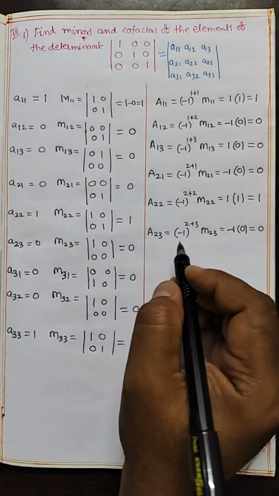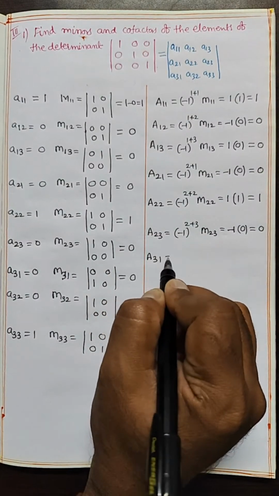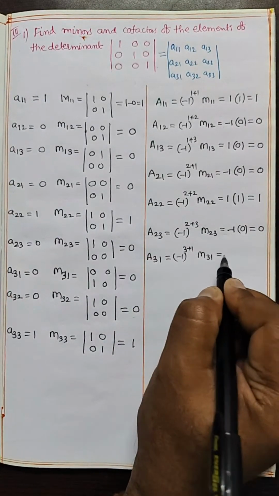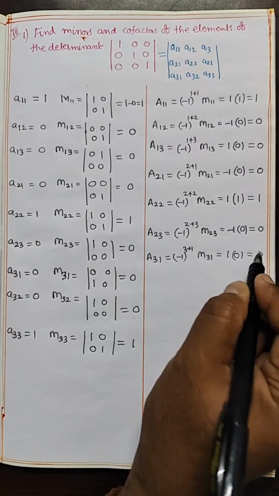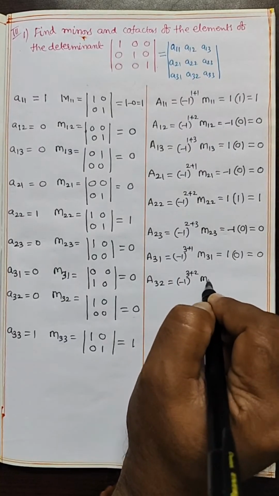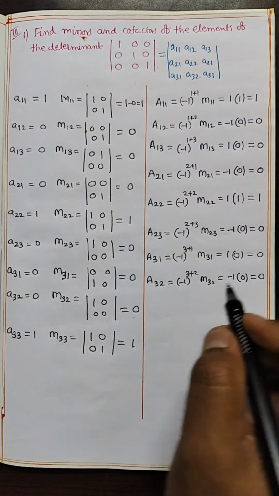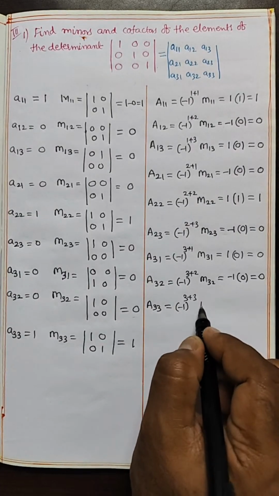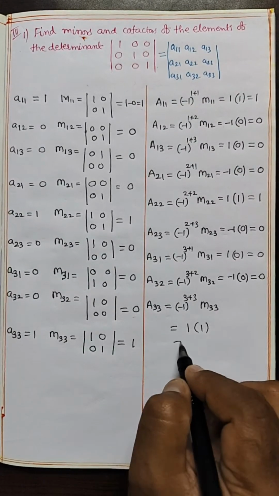A31 is (minus 1) to the power 3 plus 1 into M31, plus 1 times 0 is 0. A32 is (minus 1) to the power 3 plus 2 into M32, minus 1 into 0 is 0. A33 is (minus 1) to the power 3 plus 3 into M33, plus 1 into 1, which is equal to 1.